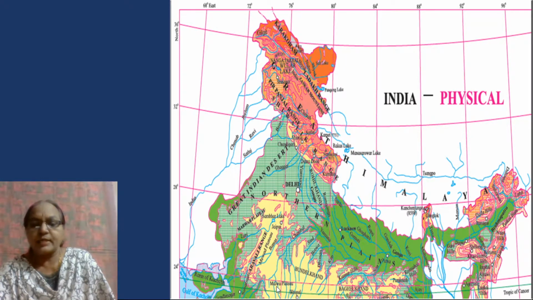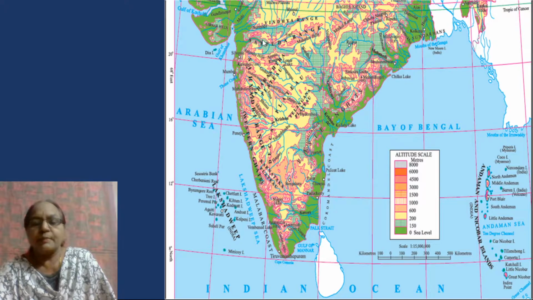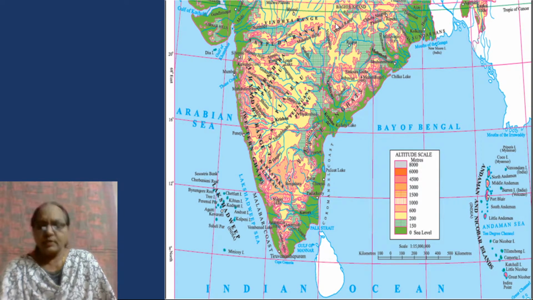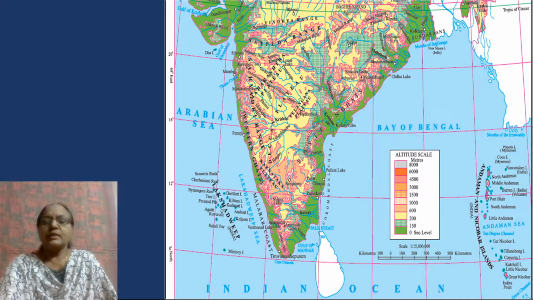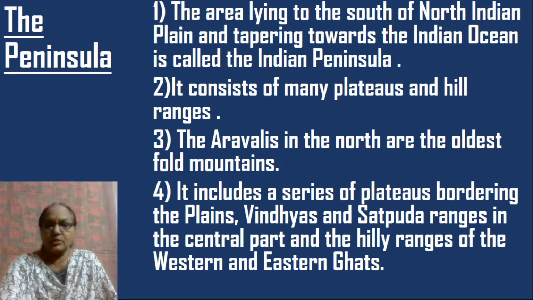Apart from that, we have the Vindhya ranges, then the Satpura ranges. Then the Mahadev Hills and the Maikal ranges are there. So these are the plateaus and hill ranges found to the east of the Aravali range.